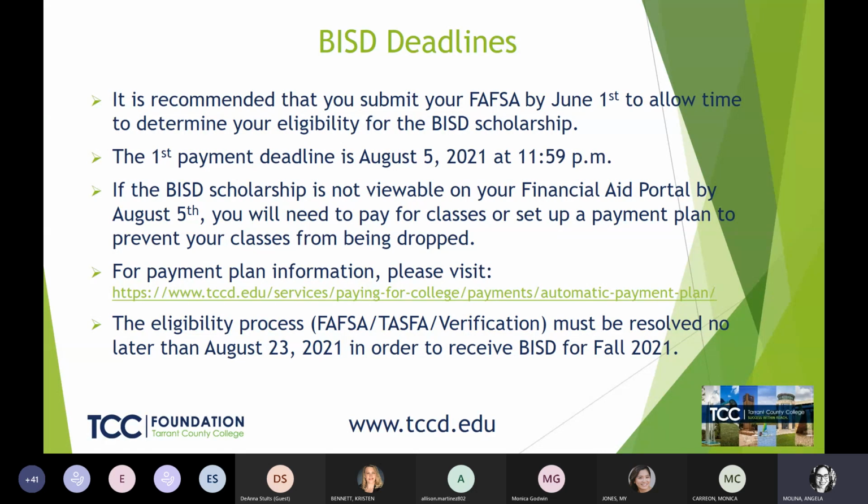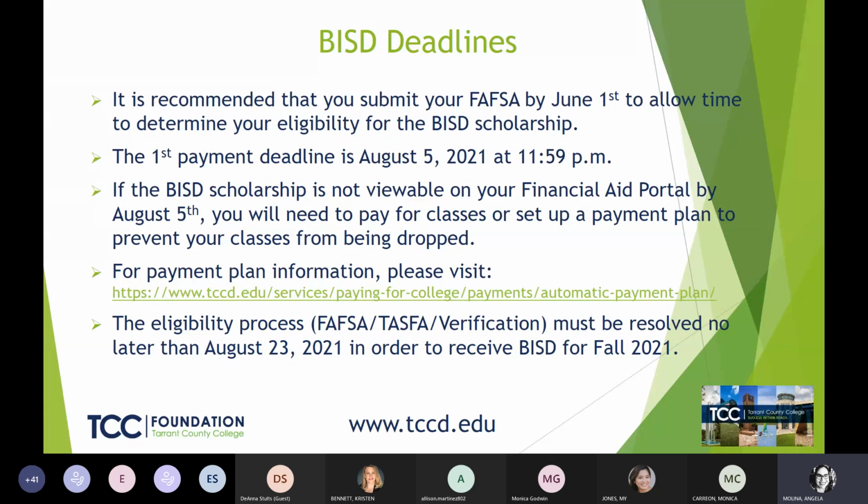The first payment deadline for the semester is August 5th at 11:59 p.m. So you can register for classes starting this week. May 10th, I think, was the start of registration. So once you're registered, your classes will be held until this August 5th timeline. So if the BISD scholarship is not viewable, if you can't see the BISD scholarship on your financial aid portal by August 5th, then you'll need to either pay for classes on your own or set up a payment plan to prevent your classes from being dropped.